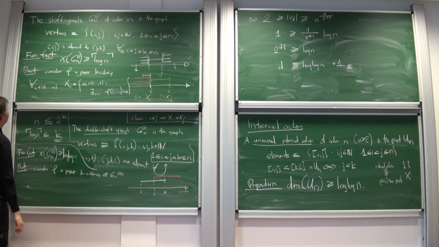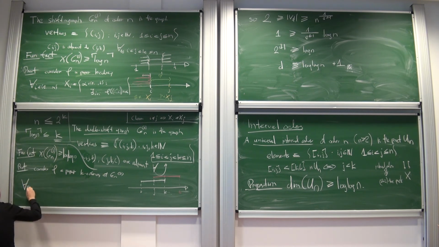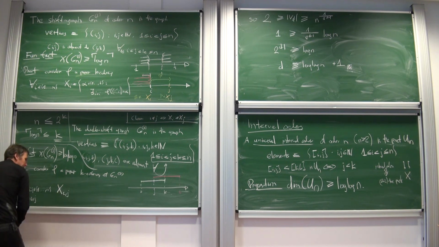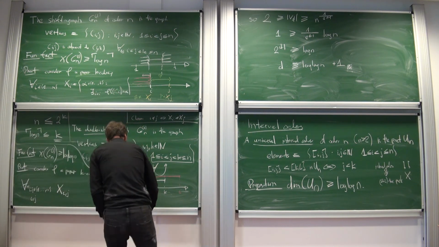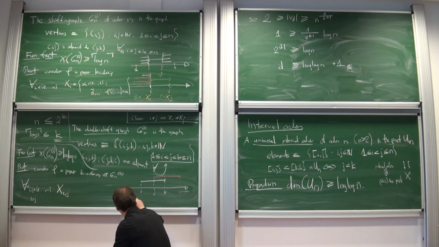And now let's define subsets with two indices, one less than the other. When we think about X_ij, we look at the ith index, we look at the jth index, and we consider all the triples with last two elements being i and j.